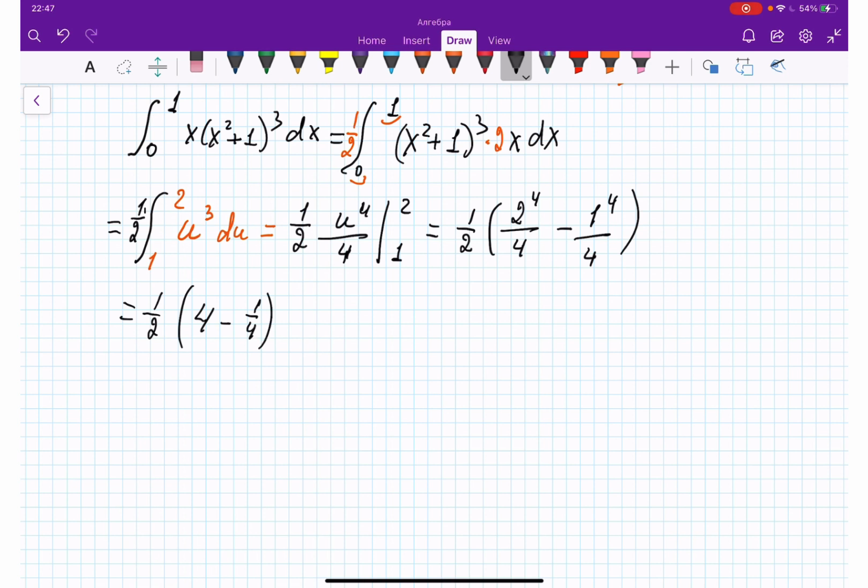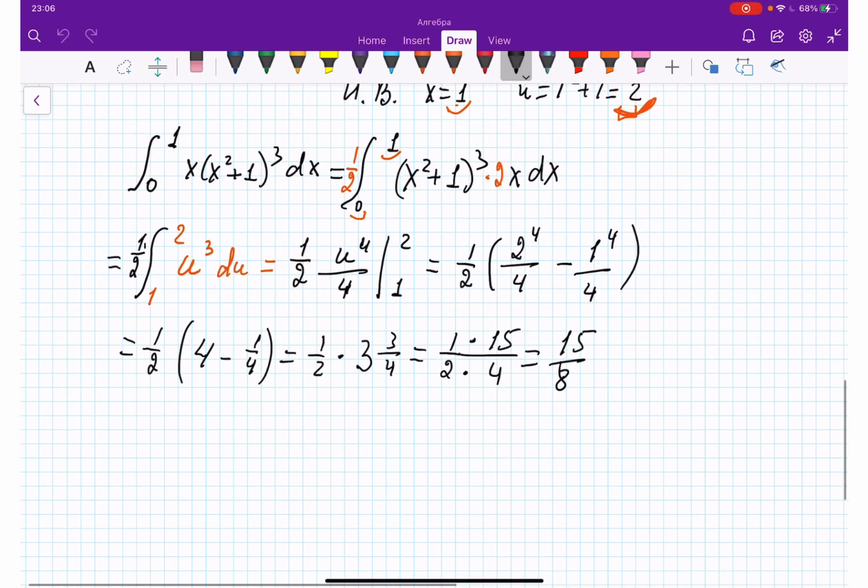The result is going to be 1/2 times 3 and 3/4. Let's do the multiplication. 1/2 stays here, 3 times 4 is 12, 12 plus 3 is 15, and the result is 15 over 8.